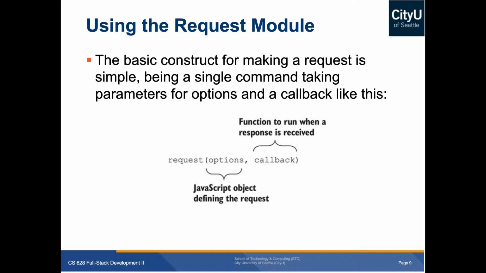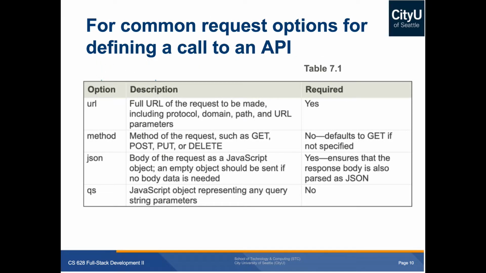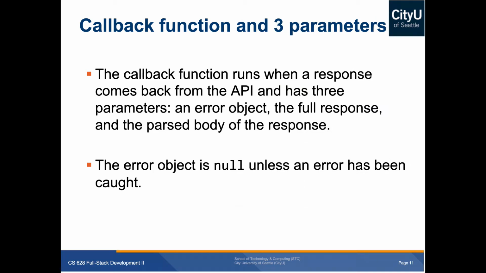The request module has two parameters: a JavaScript object defining the request, and the callback, the function run when a response is received. Common request options for defining a call to an API are the URL, the method, the JSON body, and the query string if you need it, which is optional. The callback function runs when a response comes back from the API and has three parameters: the error object, the full response, and the parsed body of the response.